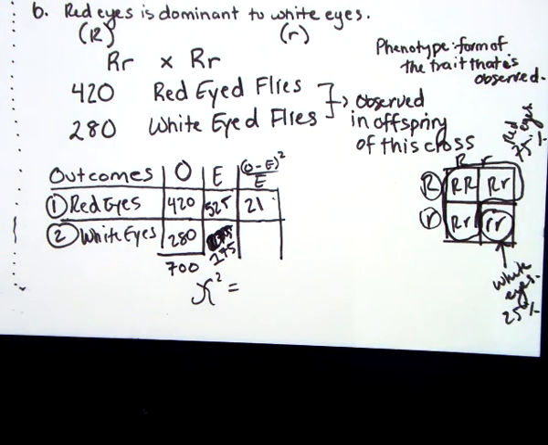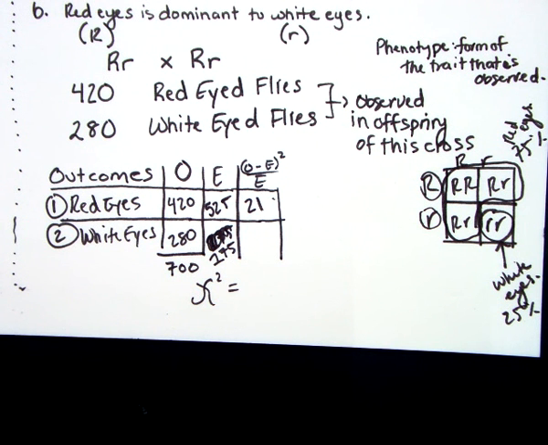Okay, how about for white eyes? Sarah, we'll go back to you. What did you get for white eyes? You got 63. Give me a thumbs up if you got 63 as well. Okay. Raise your hand if you got something else besides 63. Milani, what'd you get? 39.375? Yeah. Any other values besides those two? So, let me double check. I got something else.